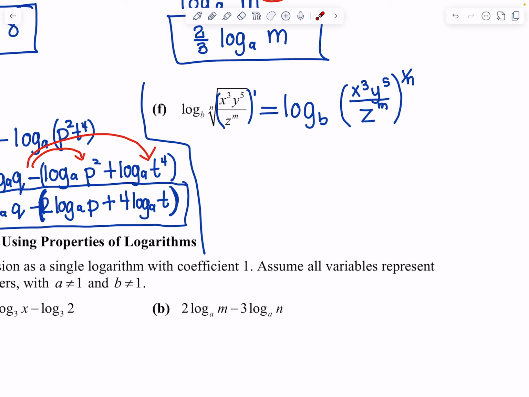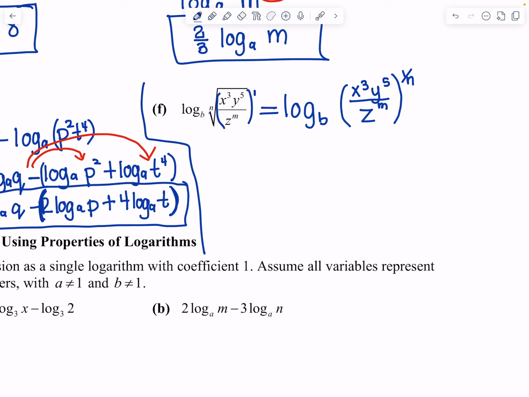Now, let's apply the properties of logarithms. First thing, you can't get to this until you get rid of this exponent, because that's the power rule we have to do. Power rule says I take this exponent, put it in the front, and multiply it. So power rule, let's do it.